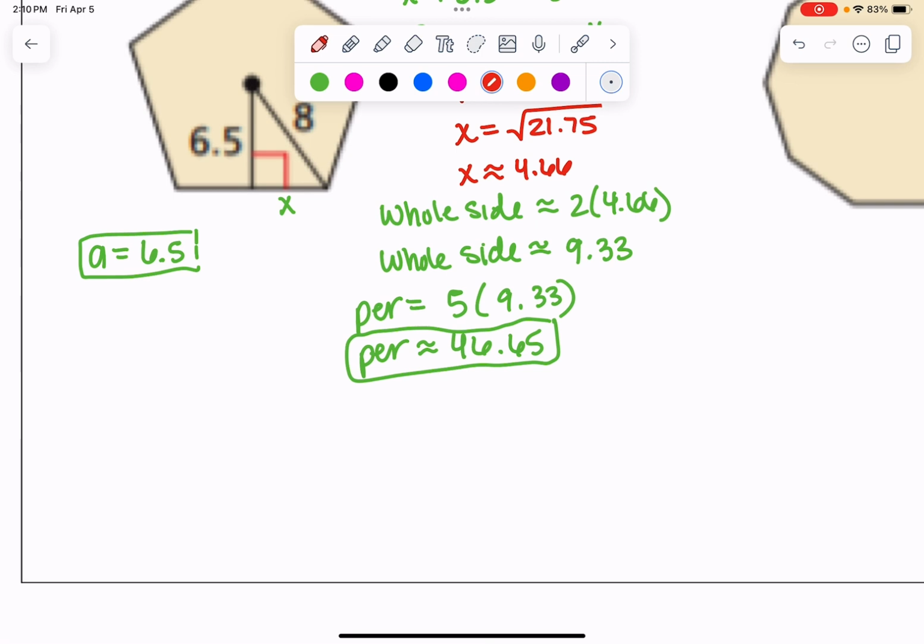Once I have my apothem and my perimeter, I can go ahead and plug that into my formula, 1/2 apothem times perimeter. So we're going to take 0.5 times 6.5 times 46.65, which is going to give us about 151.6.